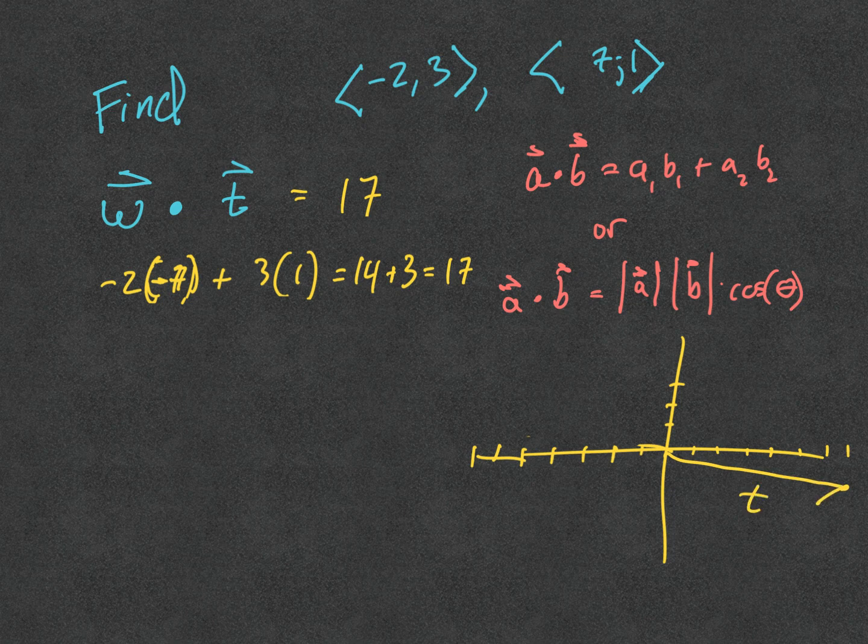That's vector T. Vector W is -3 up 2, or -2 up 3, sorry. That's vector W. Theta is this angle here, the angle between the two vectors.